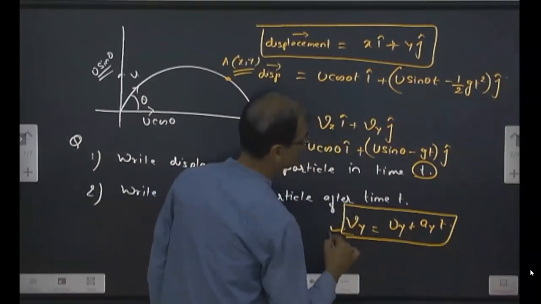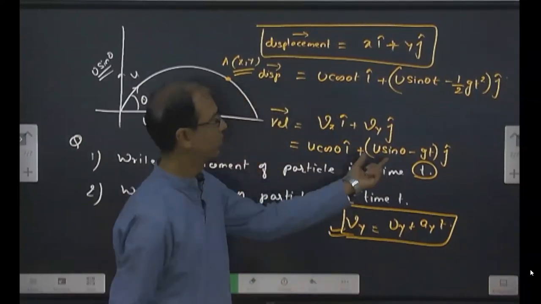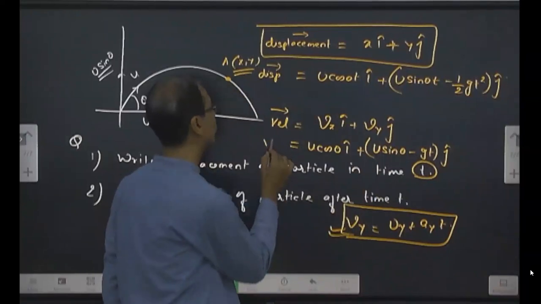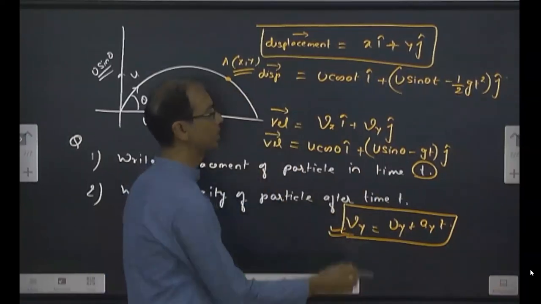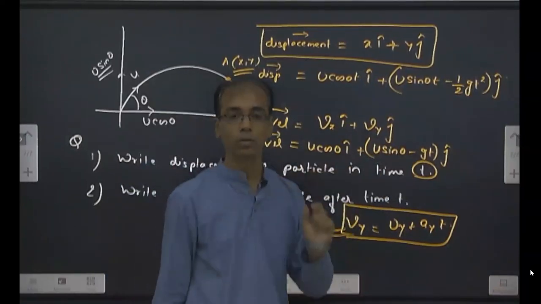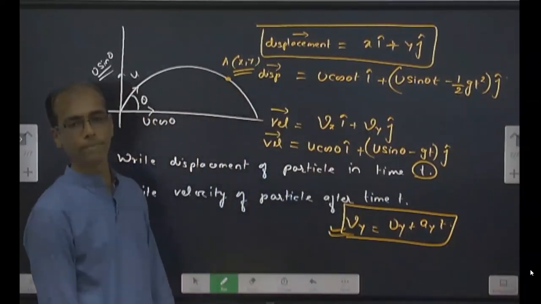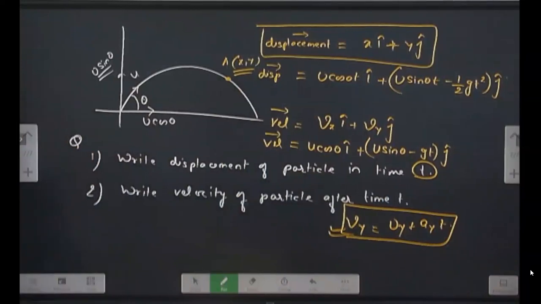This will give you velocity at any time t. Same thing we have written. So this is velocity at any time t. If we give the value, again we can find it. One along x-axis, one along y-axis. Is this clear? Yes, sir. Okay, note that one.